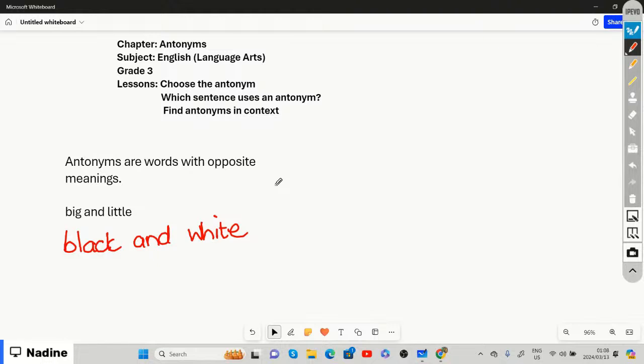Another example of an antonym is something is either short, you get a short pencil, or you get a long pencil, or you can say short or tall.